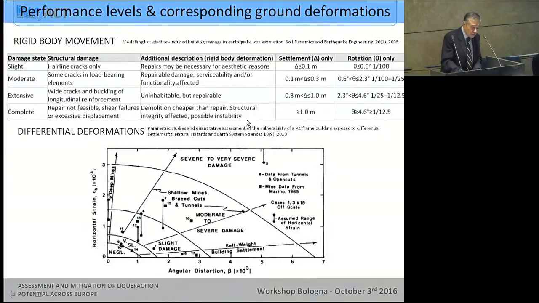But if we look at these, the classical differential deformations due to severe, moderate or slight damage, related to the horizontal strain versus angular distortion, people that work in tunneling know that they have to work on these proposals. We should use both for the double step damage.